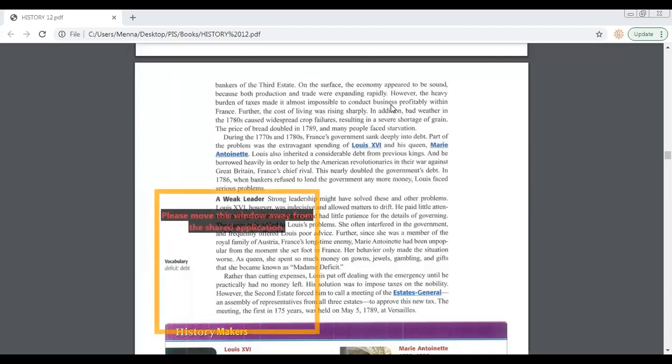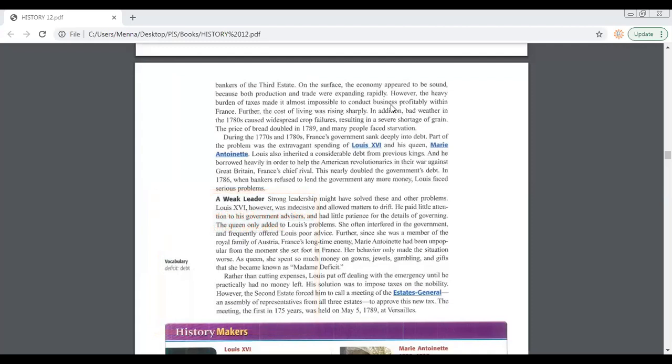Marie Antoinette was not French. She was a member of the Austrian royal family. Austria is the neighbor of France, but at that time, it was considered a long time enemy. So people did not like Marie because she was married to the ruler of the French people, and she was from the enemy.